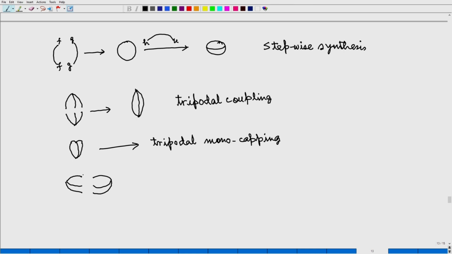Where you take, okay, tripodal bis capping.